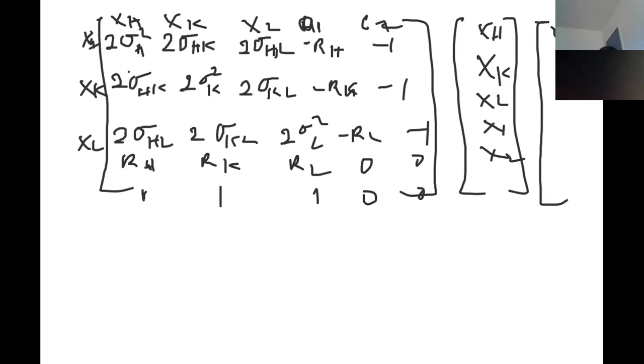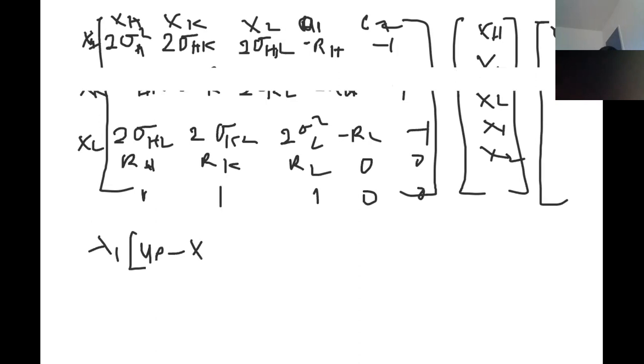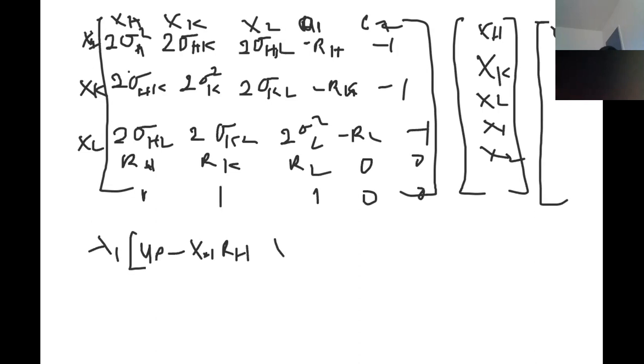Lambda 1 is equal to mu of the portfolio minus X_H R_H minus X_K R_K minus X_L R_L.